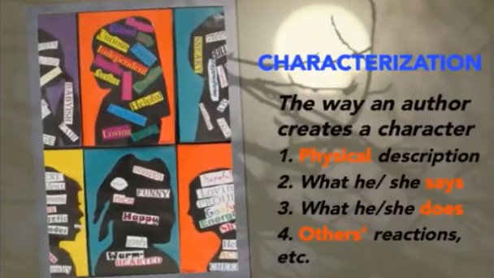Moving up, the fourth element is characterization. It is the way an author creates a character. It is about the physical description, what the character says, what he or she does, other characters' reactions, etc. All these play a role in creating suspense.